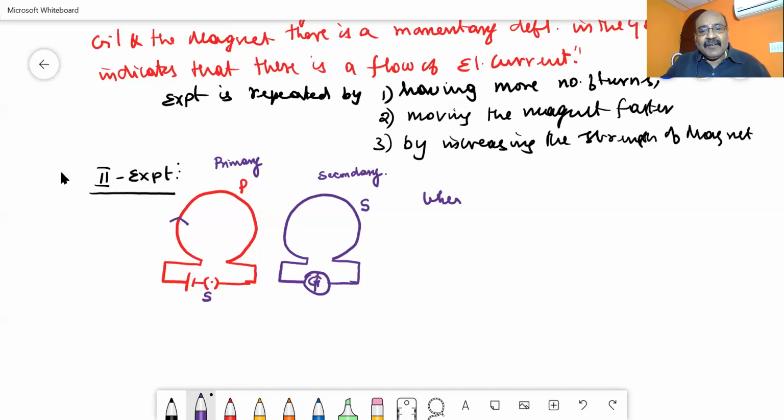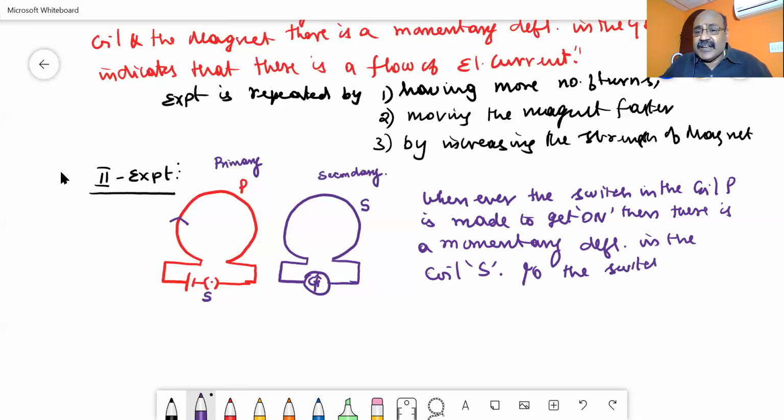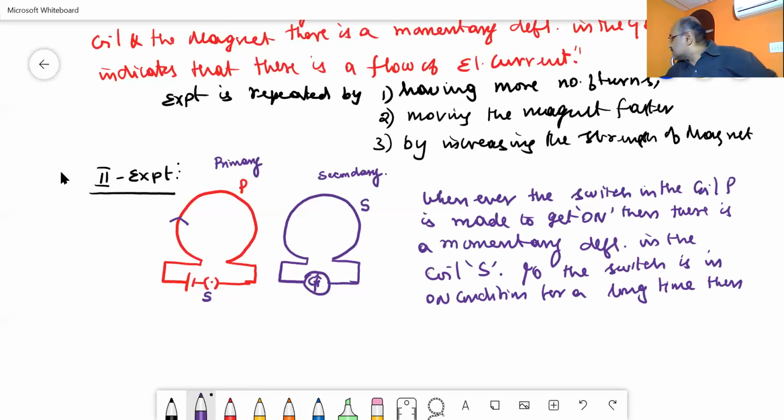See, whenever the switch connected in the coil P is switched on, then there is a momentary deflection in the second coil, or in the coil S. If the switch is in the on condition for a long time, then there is no deflection in it.